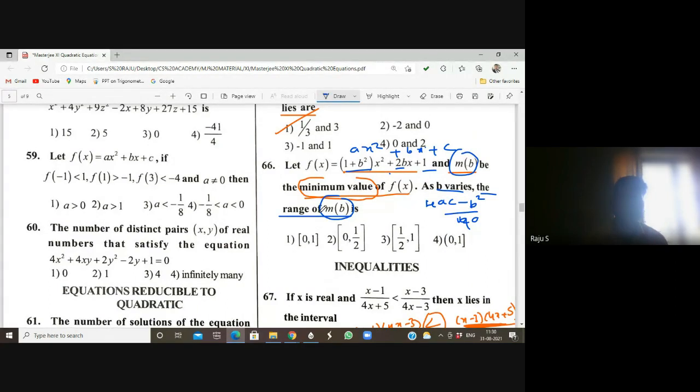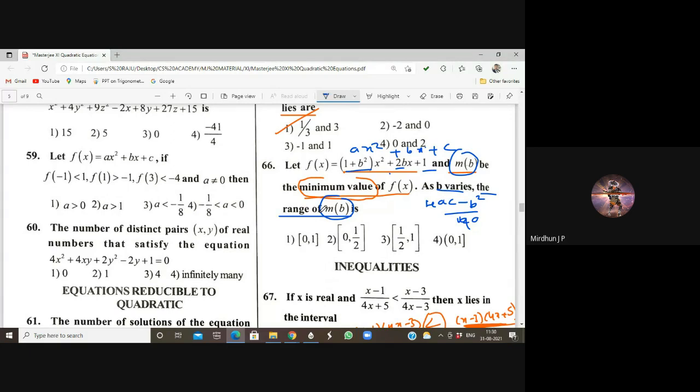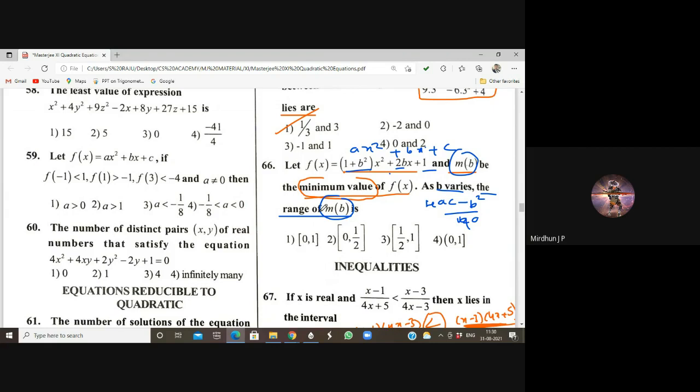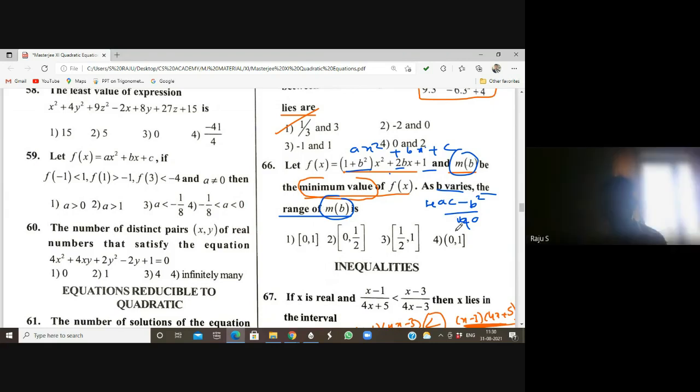Fourth option, sir. Yes, students? Why can't we take the first option? Because you may get doubts, sir. Even in the first option also it is 0 comma 1. Why can we consider the fourth option correct?